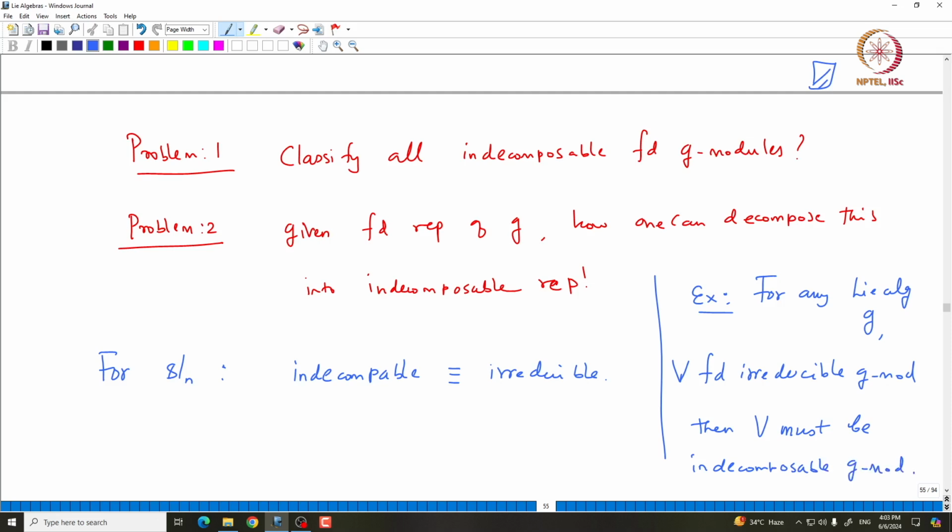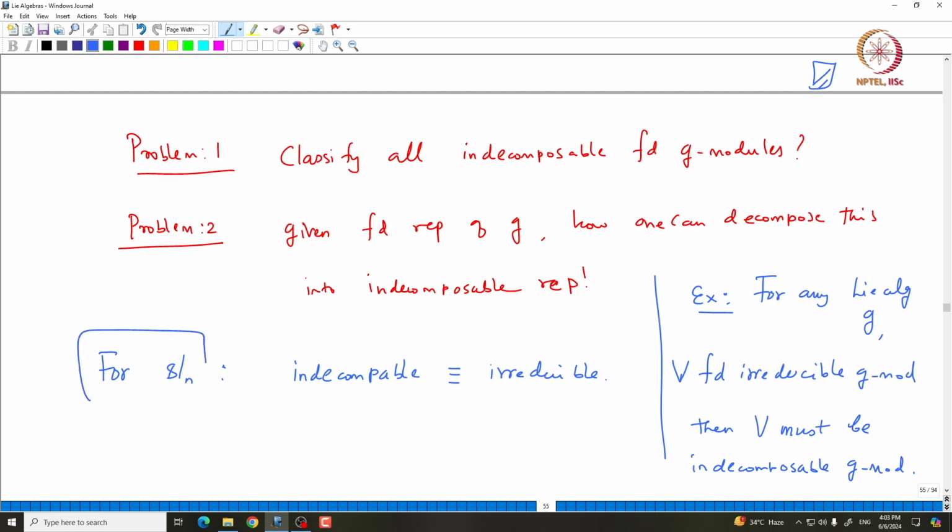Because irreducible by definition means the only submodules of V are trivial and itself, and if V is decomposable, then it will decompose into W1 direct sum W2, and both W1 and W2 will be non-trivial representations. That would lead to a contradiction. So, all irreducible modules must be indecomposable, but the converse need not be true in general.